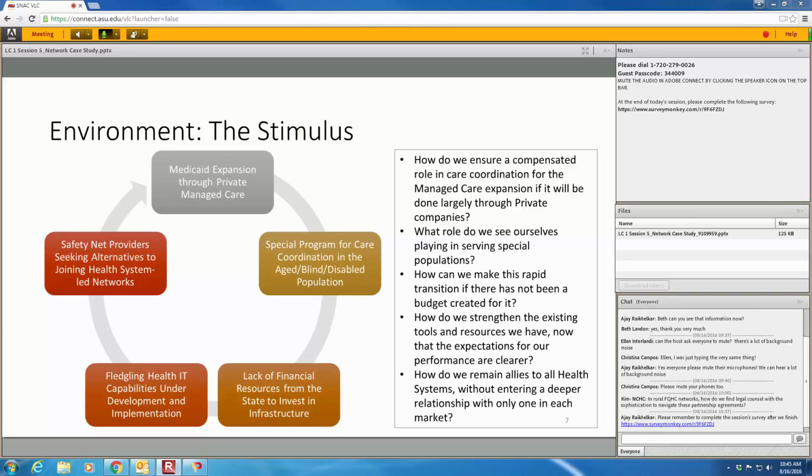Yeah, I would tend to agree that an IPA, clinically integrated with the right to negotiate with these managed care companies, specifically around this age-blind disabled population and how that's going to be paid for, really makes a lot of sense. That's not to say that there aren't potential alternatives that might work as well, but that would be kind of an immediate response.